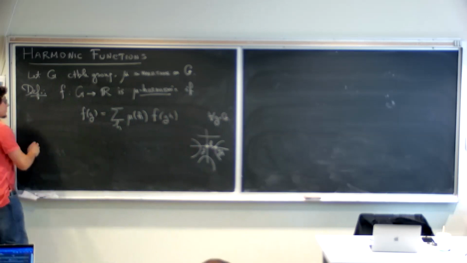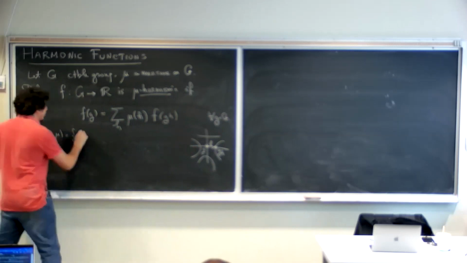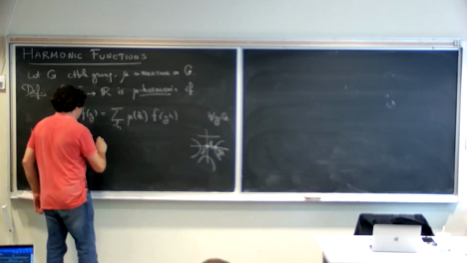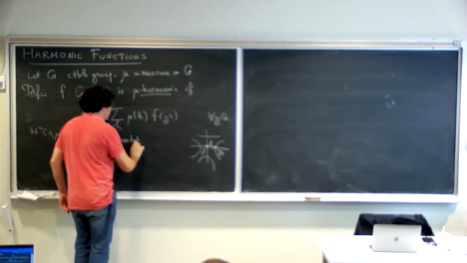Okay, and also in terms of notation, we have H infinity of G, mu, which are the bounded harmonic functions, f from G to R bounded and mu harmonic.